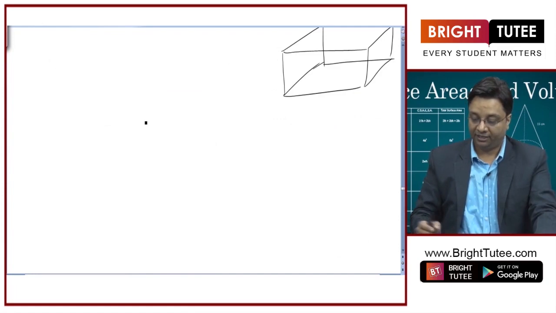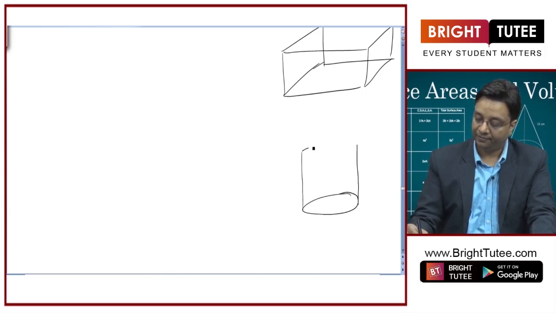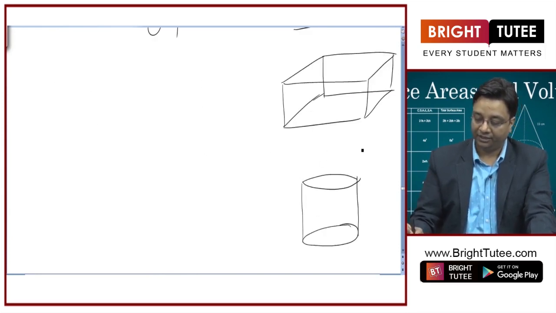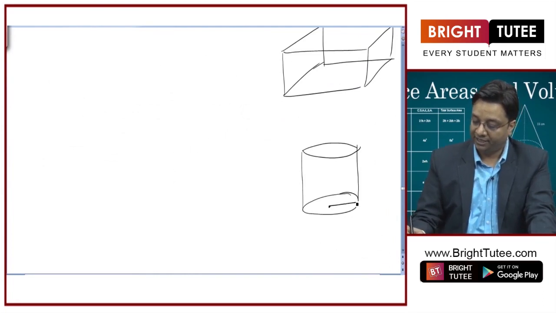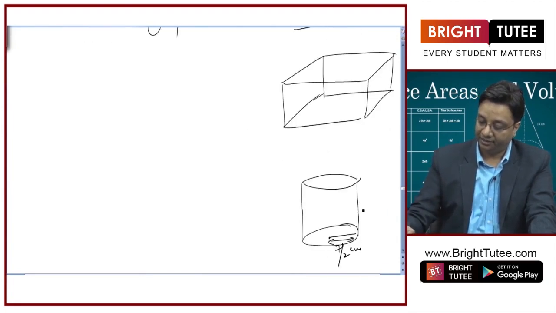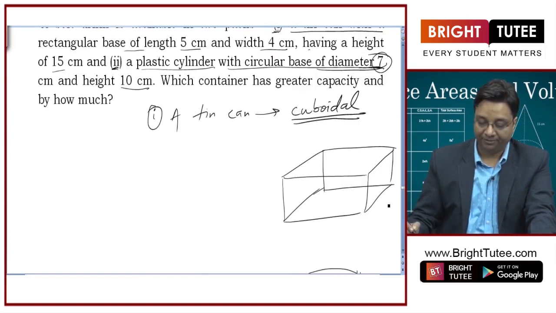So the second container is cylindrical, right, and the dimensions are: base is of the diameter 7 cm. So the base radius is 7 by 2 cm and height is 10 cm. So the height of this cylindrical vessel is 10 cm.